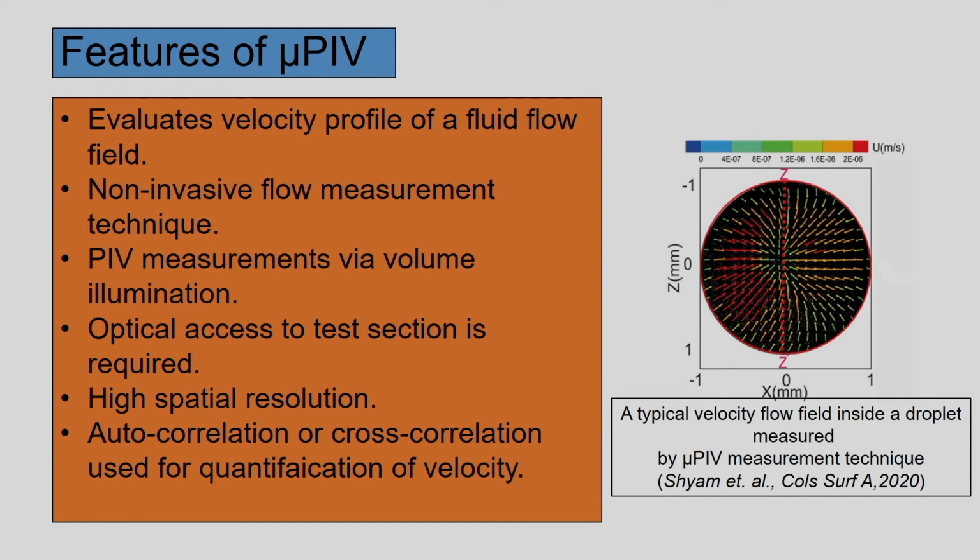So, through experimental investigations we have obtained the internal flow velocity field of a droplet using this micro PIV technique. It is better if we obtain insights about the flow field, and that is why I have kept this figure. What are the important features of this particular technique?